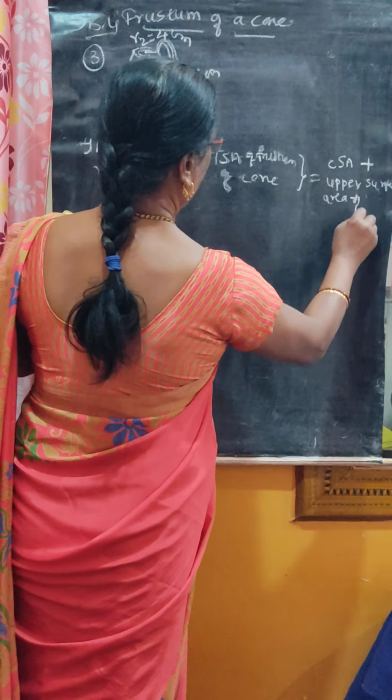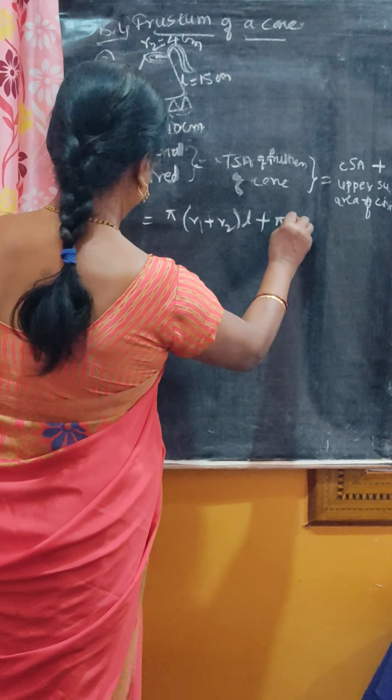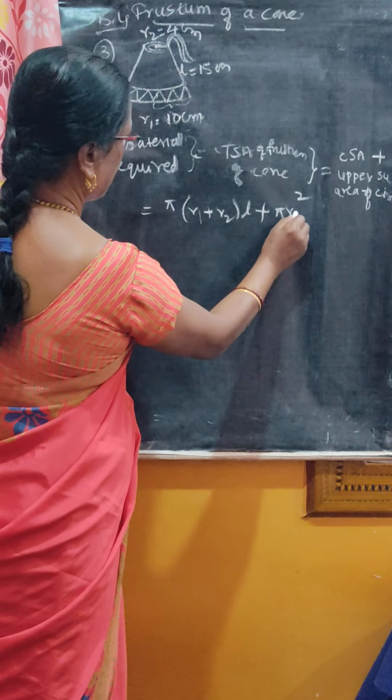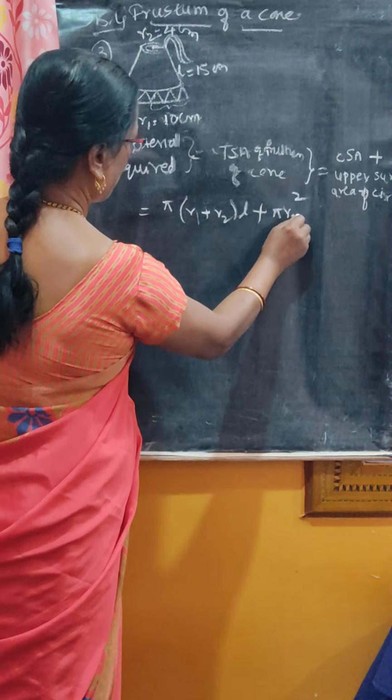CSA nothing but pi into R1 plus R2 into L. Upper surface area of a circle, we know the formula pi r square. This is R2, so consider that is R2. This is pi value 22 by 7.